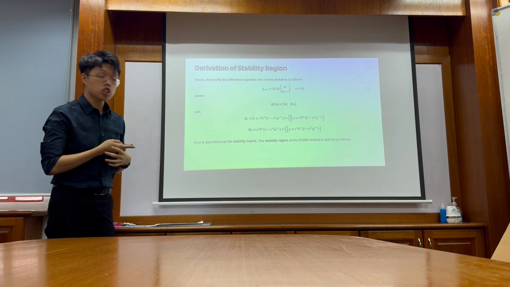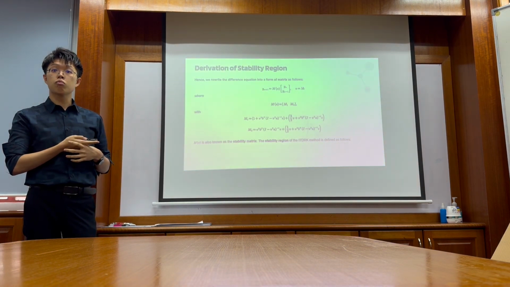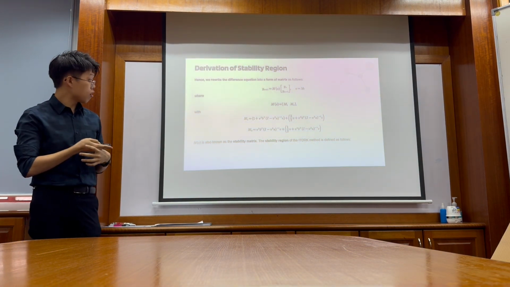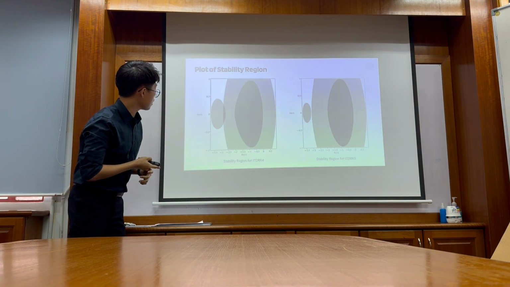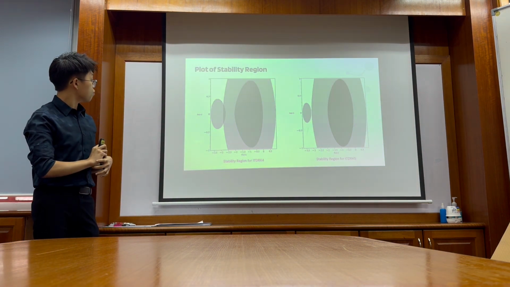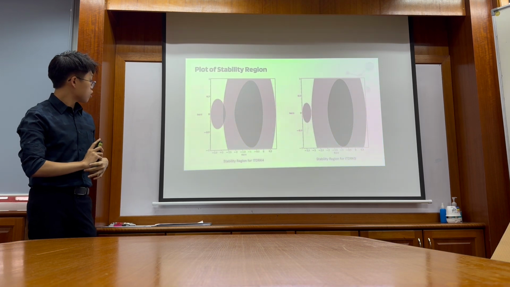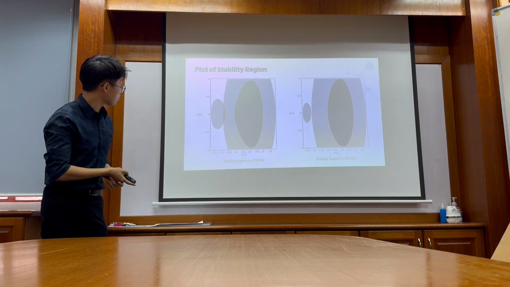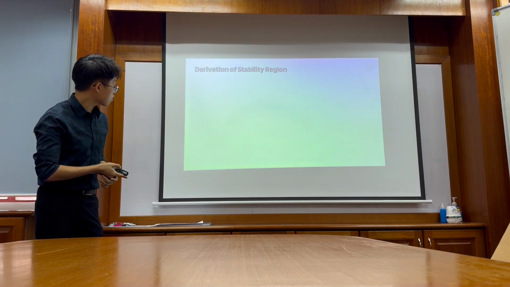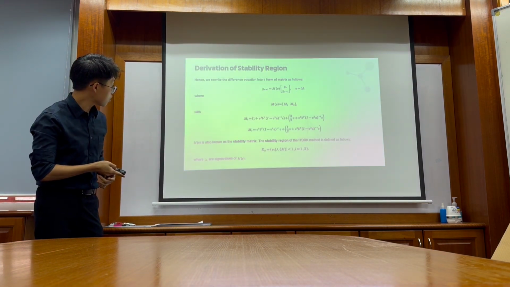If you go back to the stability region plot, it's actually the plot of the shape on the complex plane, right? Because I have a real value and an imaginary value.